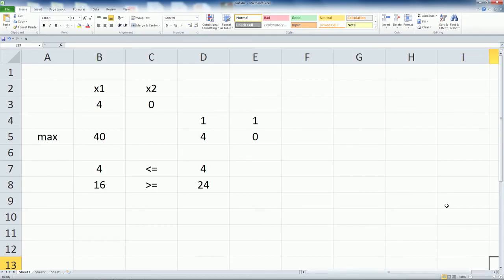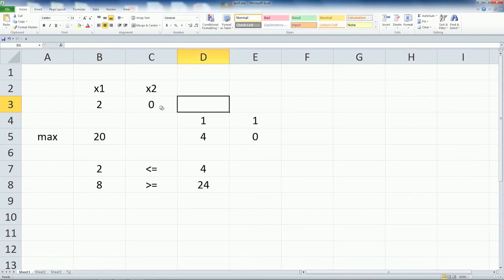We look at this problem. There are two variables x1 and x2. Right now I have given values 4 and 0. We can give any value, let us say 2 and 1, and quickly we realize that if we look at these constraints, it is infeasible for the present value.